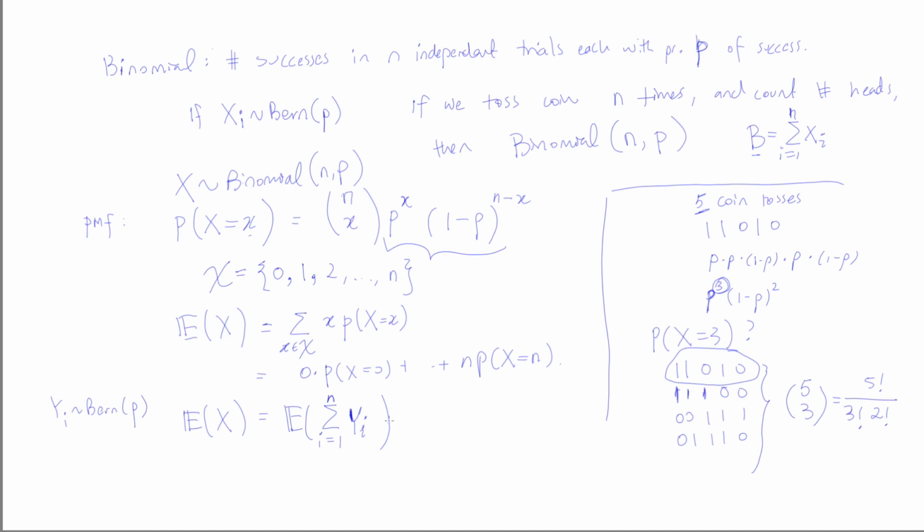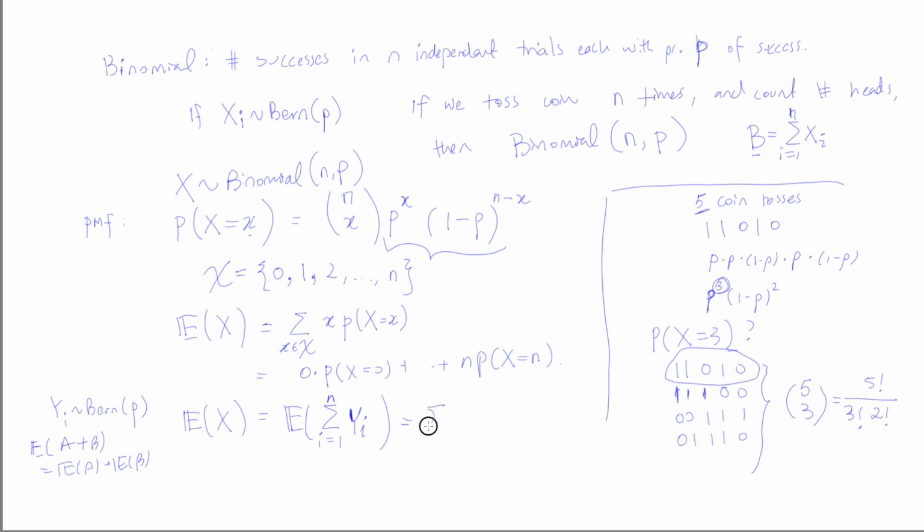And hopefully you recall that expectation is linear, meaning that the expectation of A plus B is equal to the expectation of A plus the expectation of B. This is always true, even if A and B are independent or dependent, it doesn't matter.